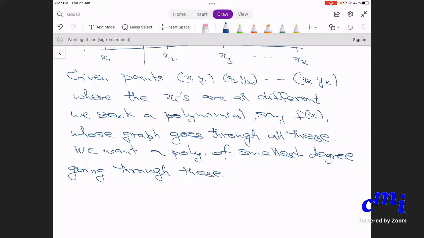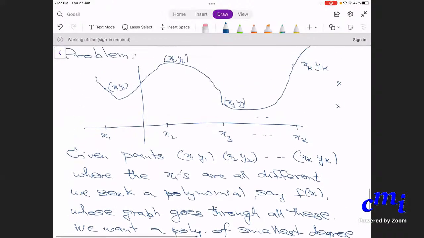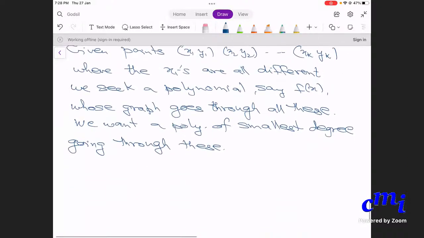So first, let us try to understand how many conditions there are. There are k conditions, right? It has to go through x1, y1, that is one condition. It has to go through x2, y2, that is one condition. So on up to xk, yk. So there are k given conditions. What degree polynomial would you expect will satisfy all of these things?